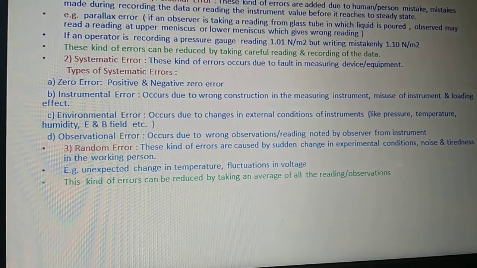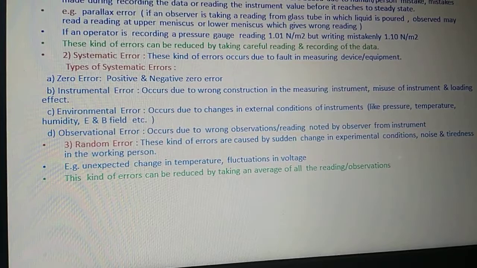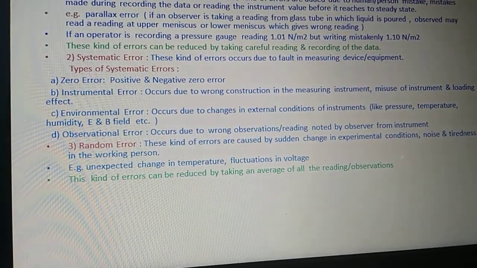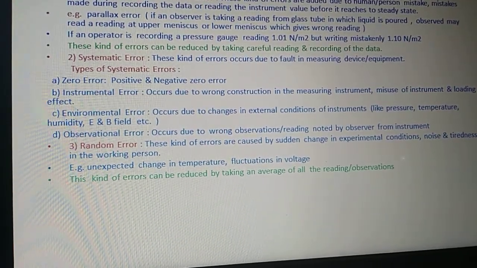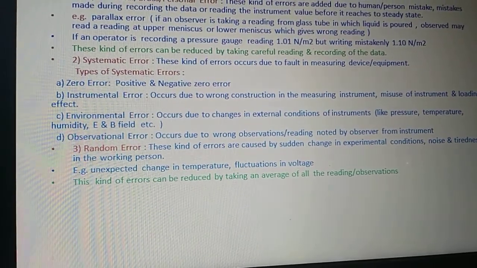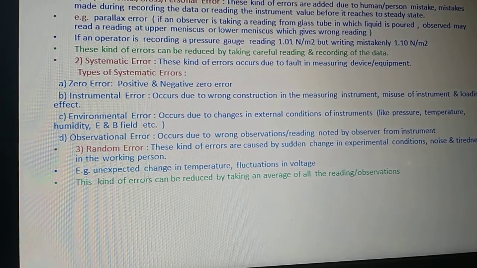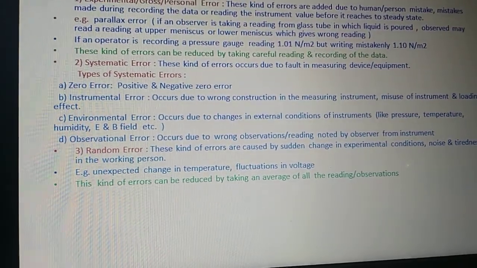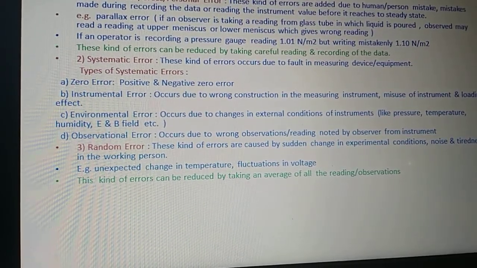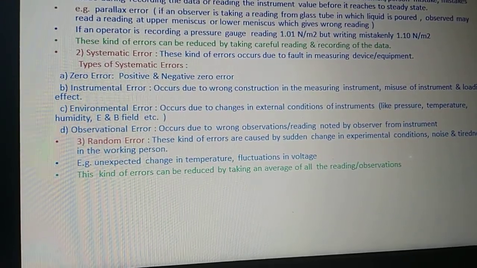The next type of systematic error is the environmental error, and these environmental errors occur due to a change in the external conditions of an instrument like temperature, pressure, humidity, electric field and magnetic field, etc. The errors that occur due to these external conditions are called environmental errors.